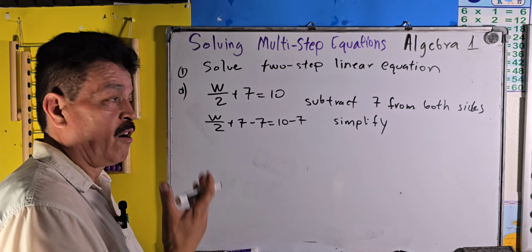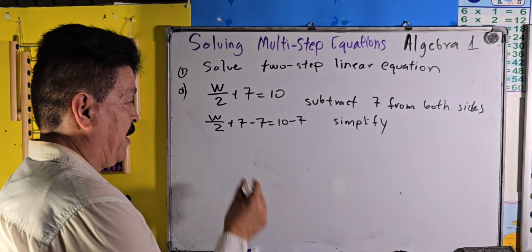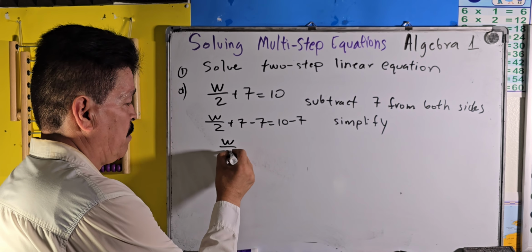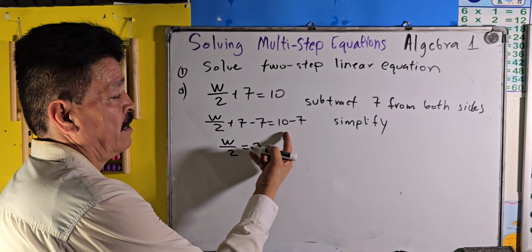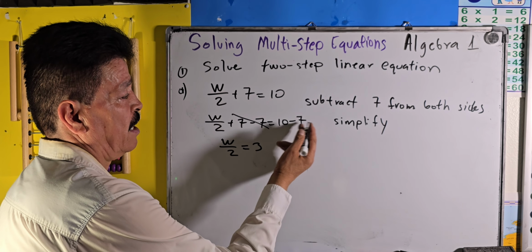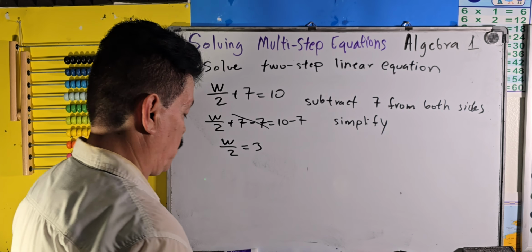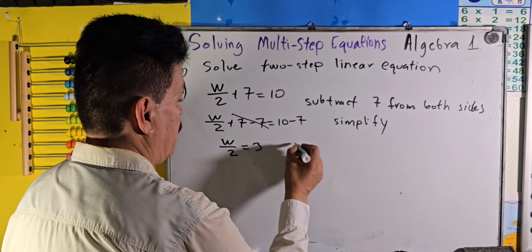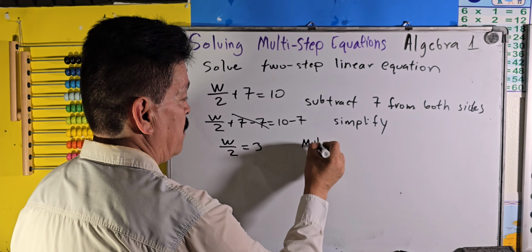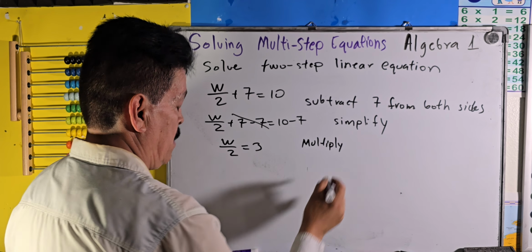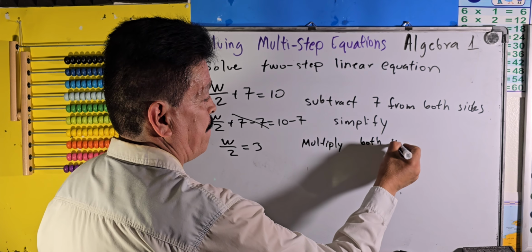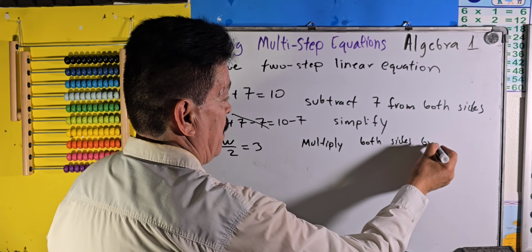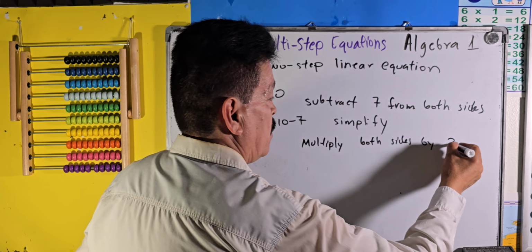Now simplify our problem. So we will have W divided by 2 equals 3, right? Cancel this, 10 minus 7 equals 3. Next step, multiply both sides by 2.